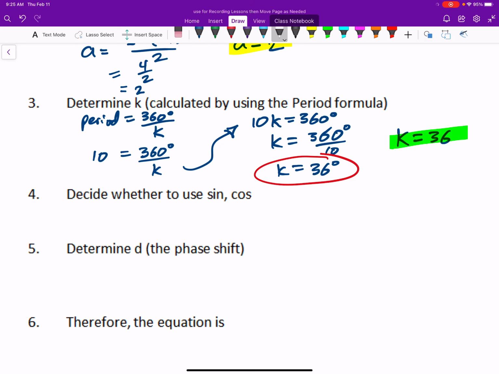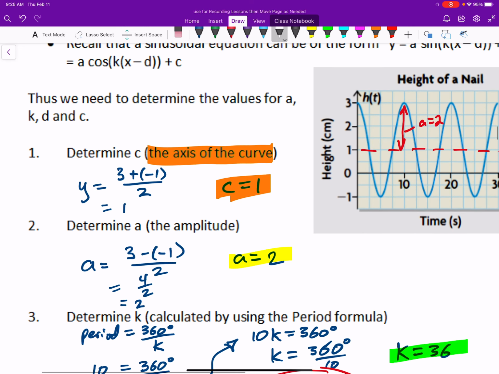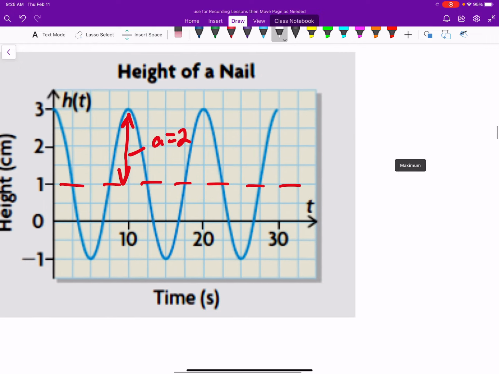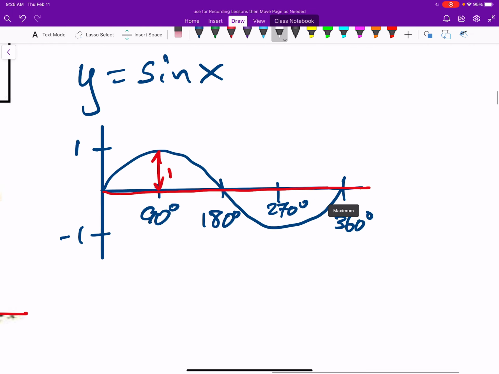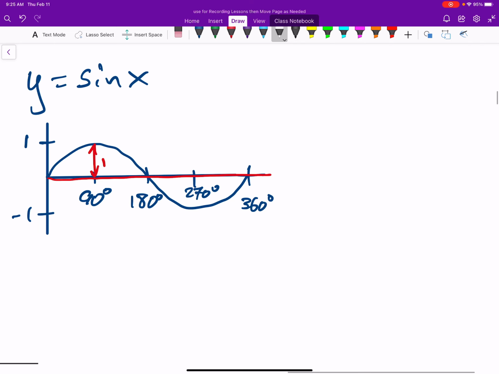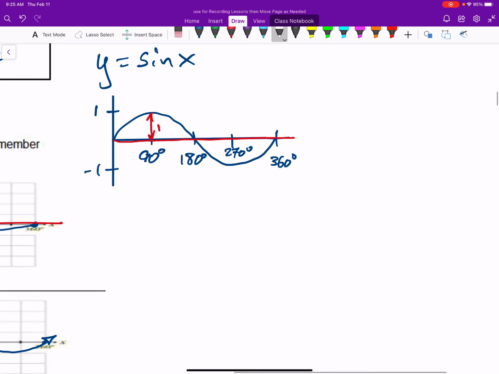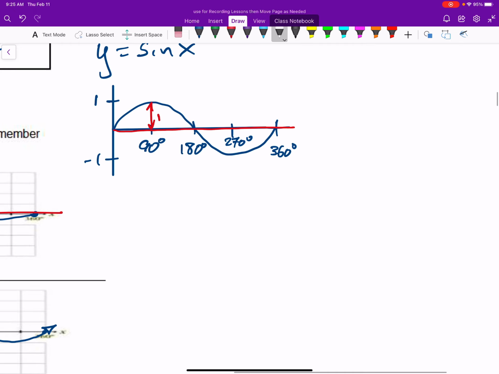So decide whether you want to use sine or cos. In other words, look at the graph. We know that a basic sine curve starts on the axis of the curve and then goes upward. Remember what the basic cosine curve looked like? The basic cosine curve, I'll just do it here as well, looked like this. It was exactly the same as far as the period goes.